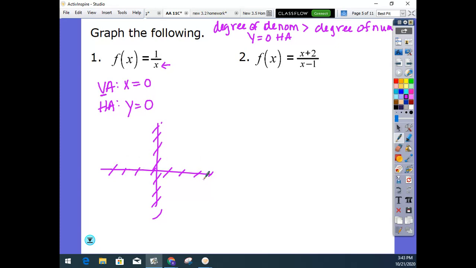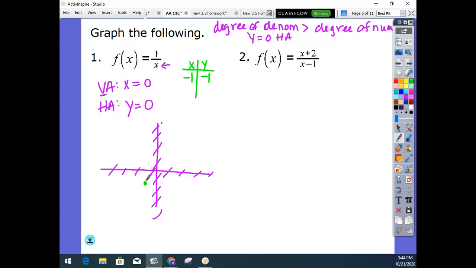And then we have to decide where the graph is. So I would just plug in some points. If we plug in -1 for x, I get 1 over -1, which is -1 for our y value. So (-1, -1) is below.